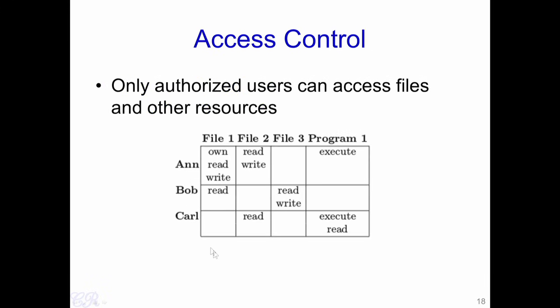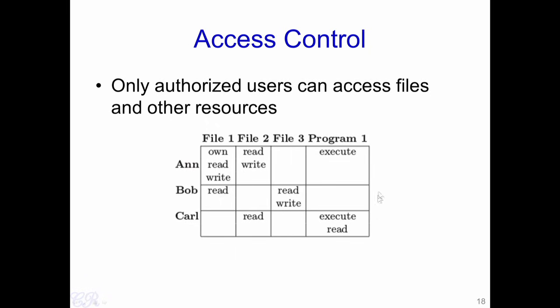So, this particular slide shows how access control is typically implemented. Essentially, we have a matrix here and each row corresponds to a user. Anne, Bob and Carl are 3 users of the system, while the columns show the resources, that is file 1, which is stored on the hard disk, file 2, file 3 and program 1.